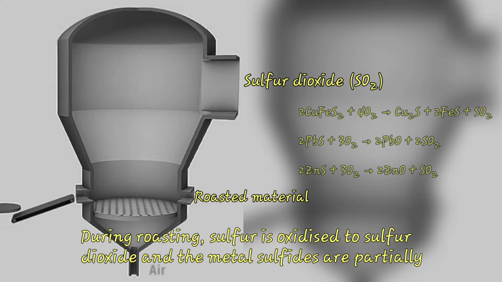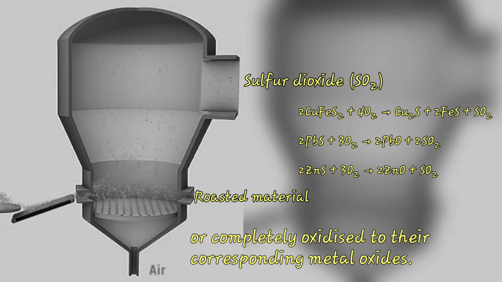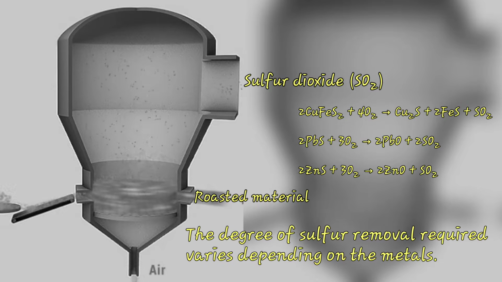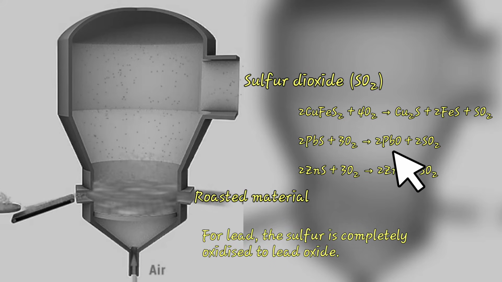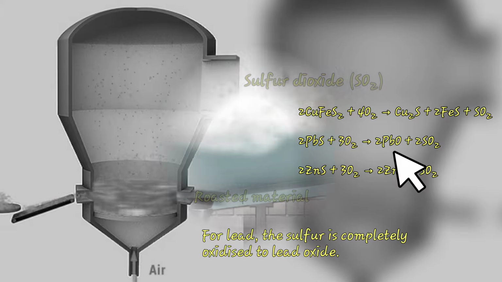During roasting, sulfur is oxidized to sulfur dioxide, and the metal sulfides are partially or completely oxidized to their corresponding metal oxides. The degree of sulfur removal required varies depending on the metals. For lead, the sulfur is completely oxidized to lead oxide.